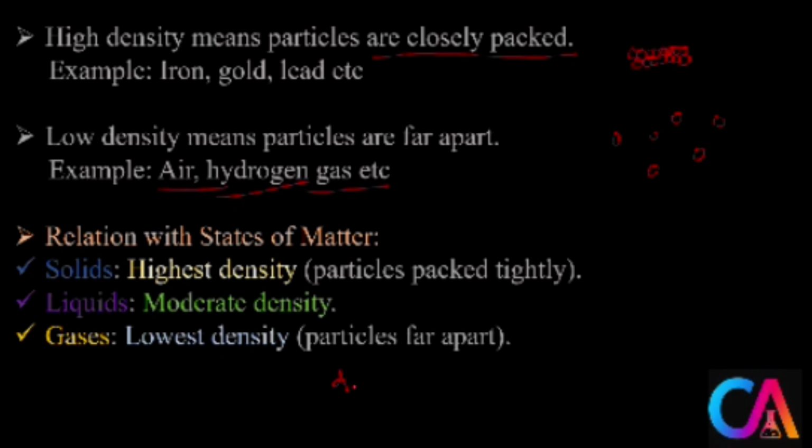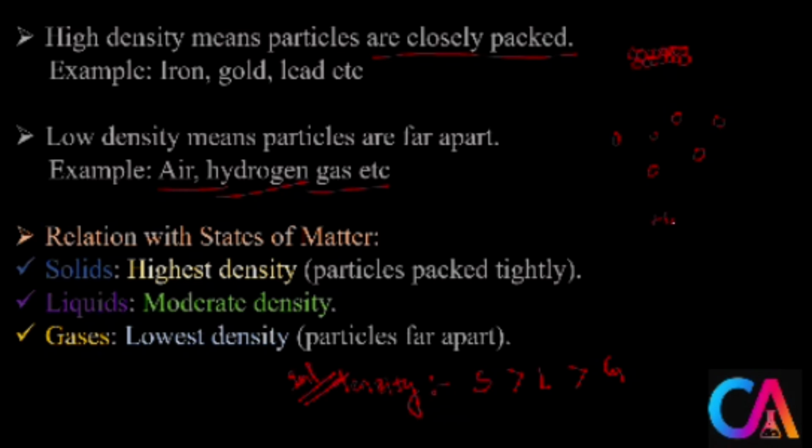So the density of the three states of matter is: solid greater than liquid greater than gas. This is most important from your exam point of view, and also important for solving questions. It might come in your exam: arrange the following in decreasing order of their densities.